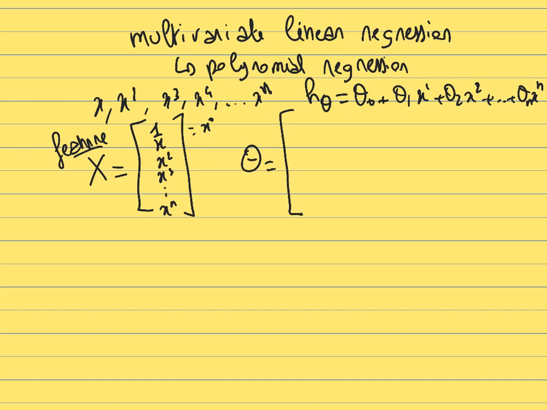We can define a vector that is going to contain the different coefficients of the model. So theta 0, theta 1, theta 2, theta 3, etc. up to theta n. And you see the reason that we used a term 1 here is so that the two vectors have the same size. In this case, those vectors have n plus 1 elements.